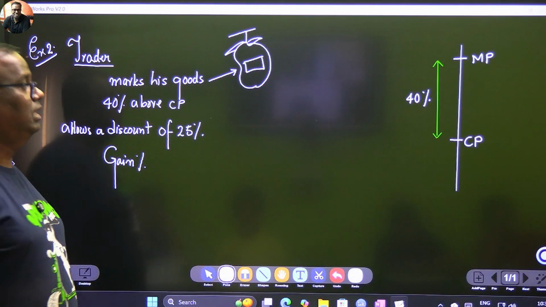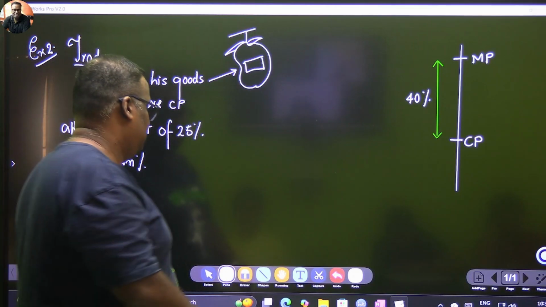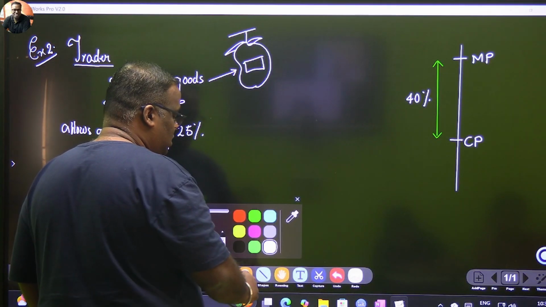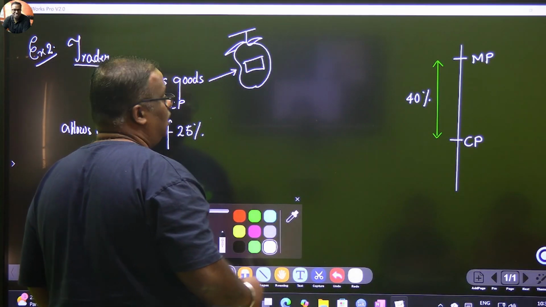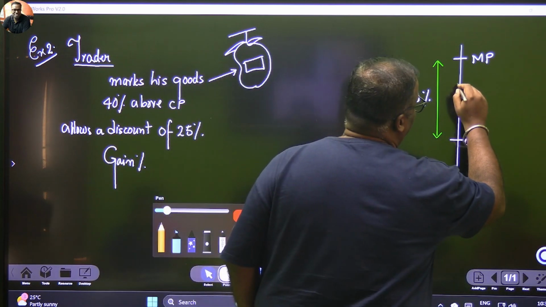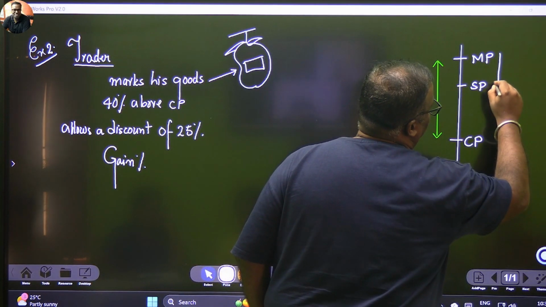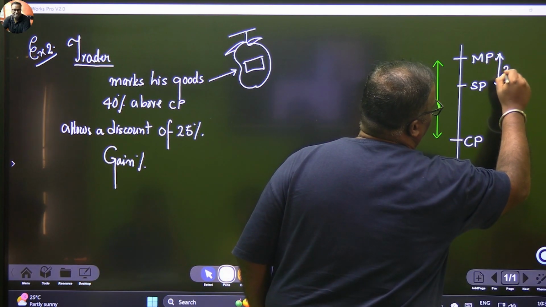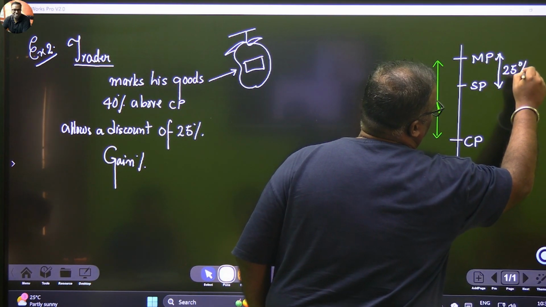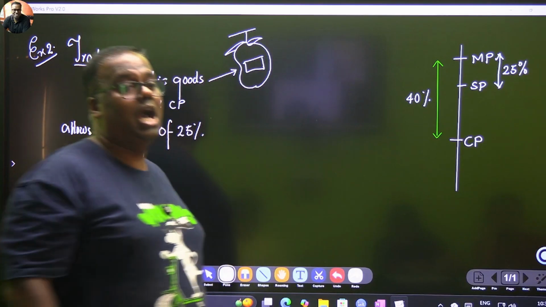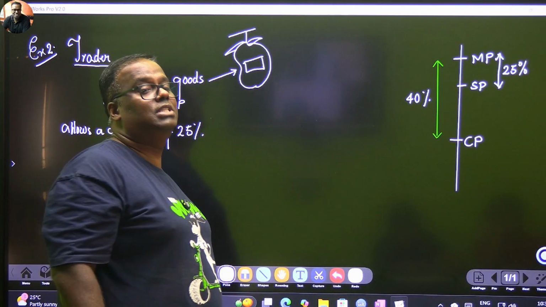Okay. Then I further sell it by allowing a discount of how much? 25%. So somewhere here I am selling it. This is my sales price, and this discount is 25%. Right? I am supposed to find what is the gain percent.